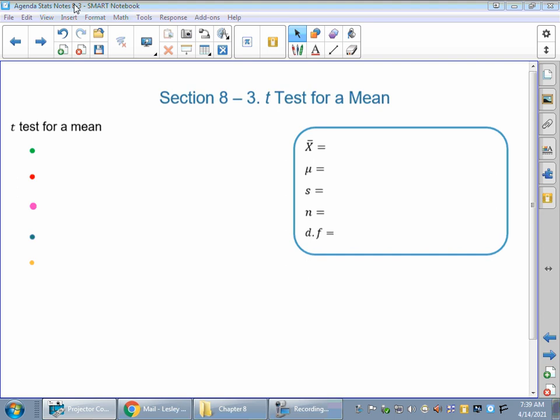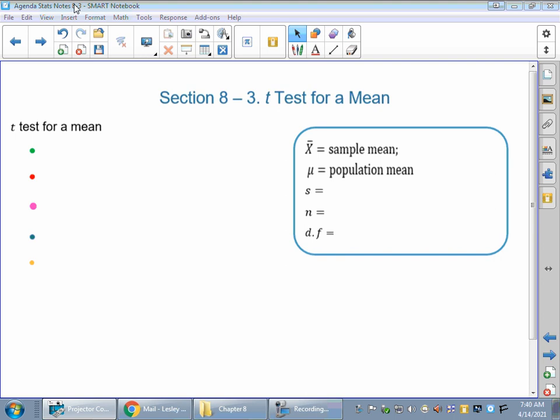So let's do a quick run through over on the right hand side here of all our symbols. You know these at this point, and you're tired of me repeating them. Everybody knows x bar is our sample mean. Mu is our population mean. So remember, samples versus populations.